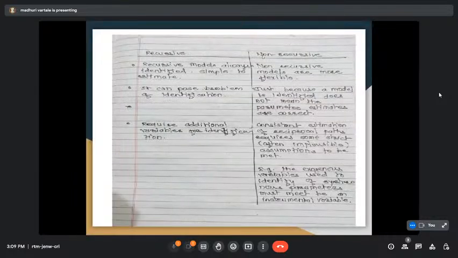Let us see, for better simplification, I made the differentiation between the recursive and non-recursive models. Here in the recursive models, identification is always simple to estimate, and non-recursive models are more flexible. Then these non-recursive models can pose problems of identification, and they require additional variables for identification.